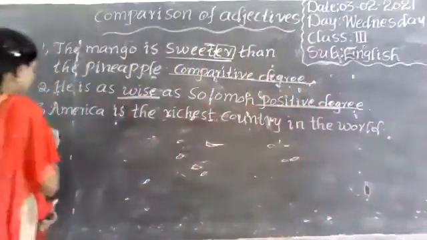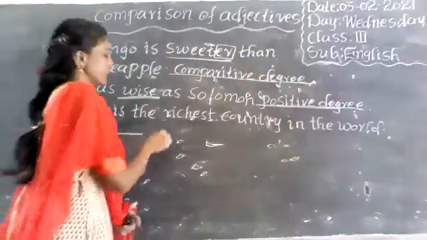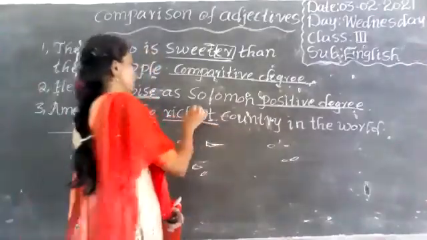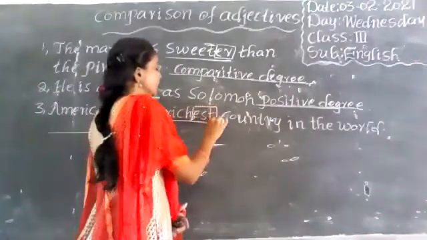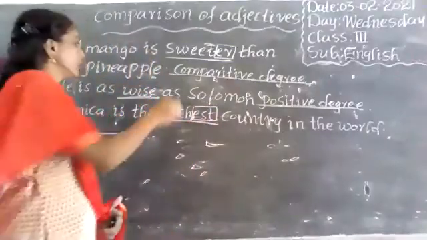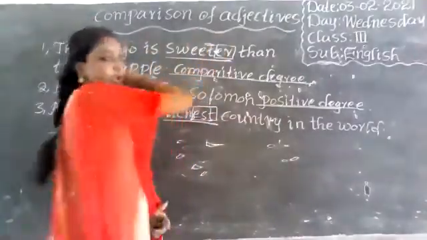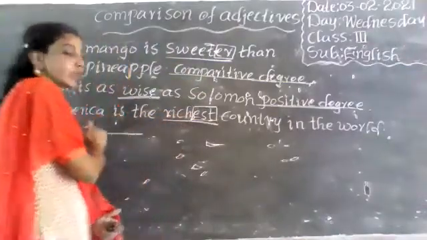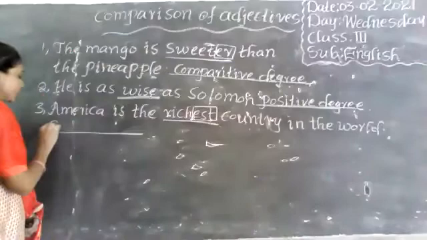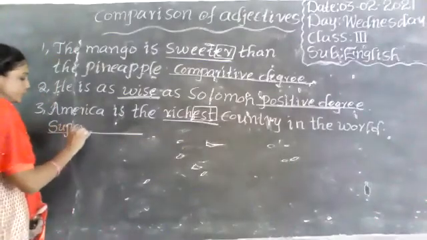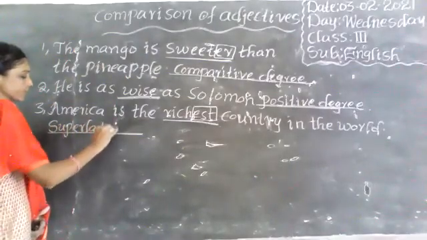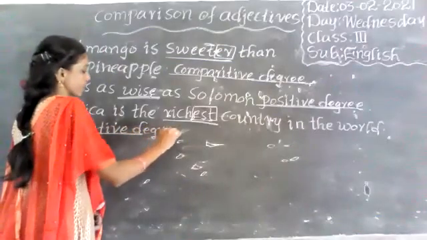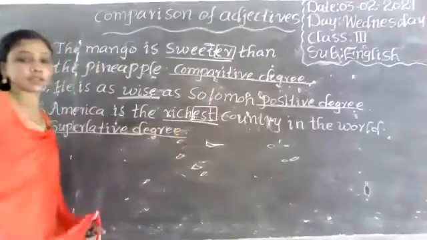So now let's observe the adjective. So what is the adjective here? Richest. What we added with the end of the adjective here? est. If we added er, that means it is comparative. If we added est, that means it is superlative degree. Okay. So right here superlative degree.